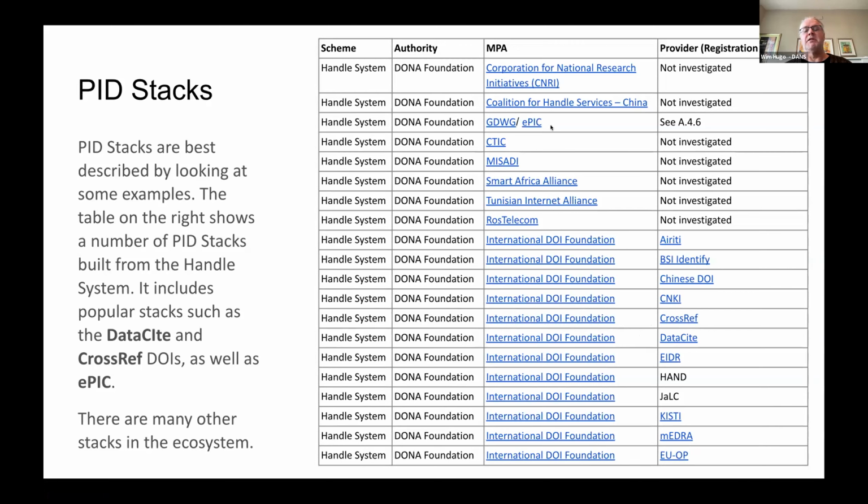Similarly, EPIC has a role in the ecosystem similar to the DOI Foundation, and then they have a number of provider or registration agencies that we haven't listed in this table that are similar, for instance, to Crossref or DataCite.